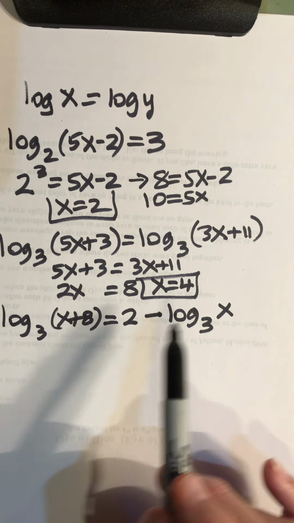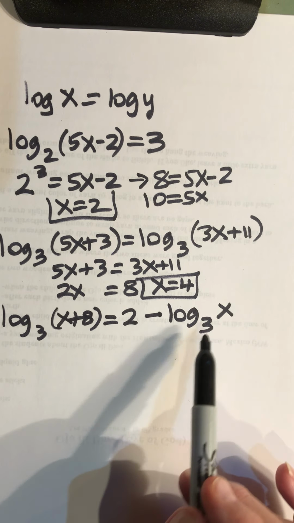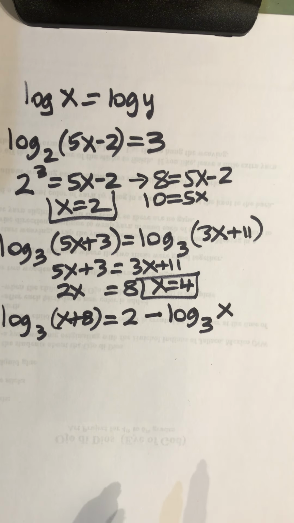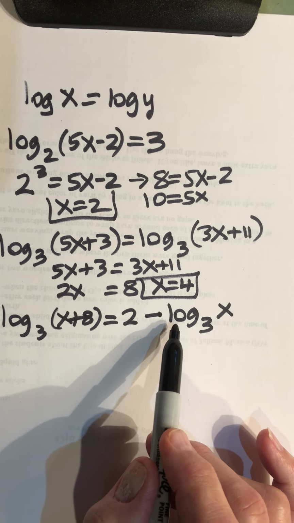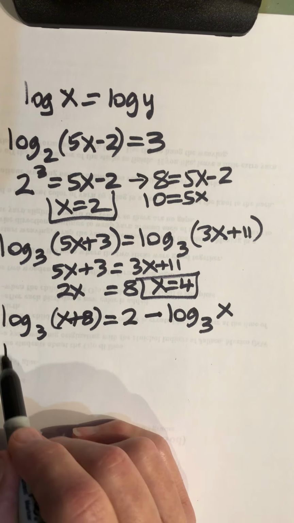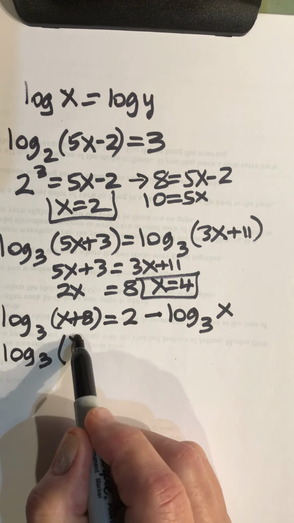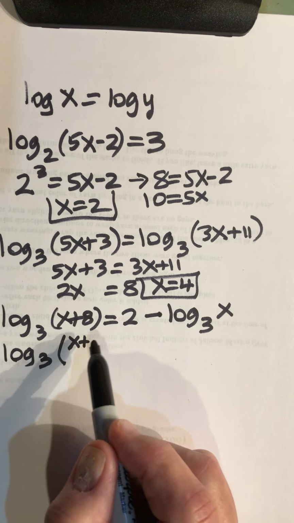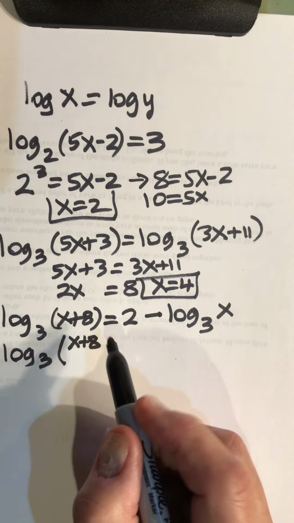In this case, what I'm going to do is move this negative log base 3 of x over to the left side, and that makes it division, doesn't it, of the arguments? Excuse me, not division. I take that back because when it moves over, it becomes positive.